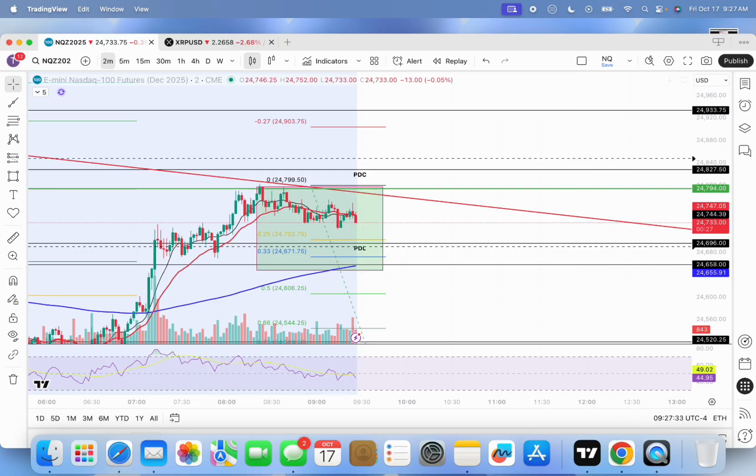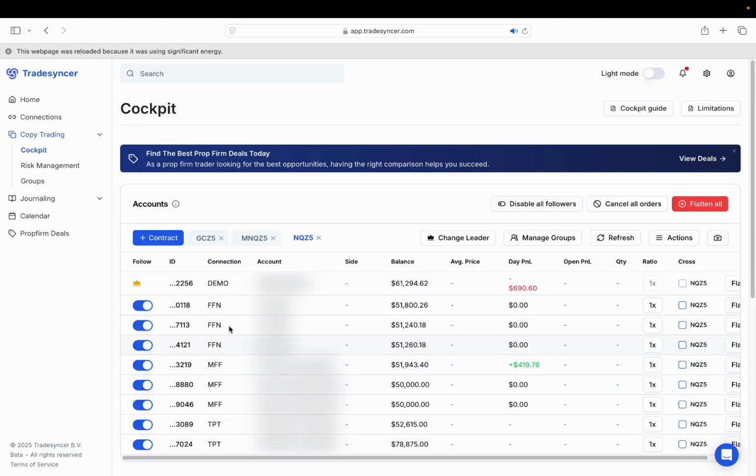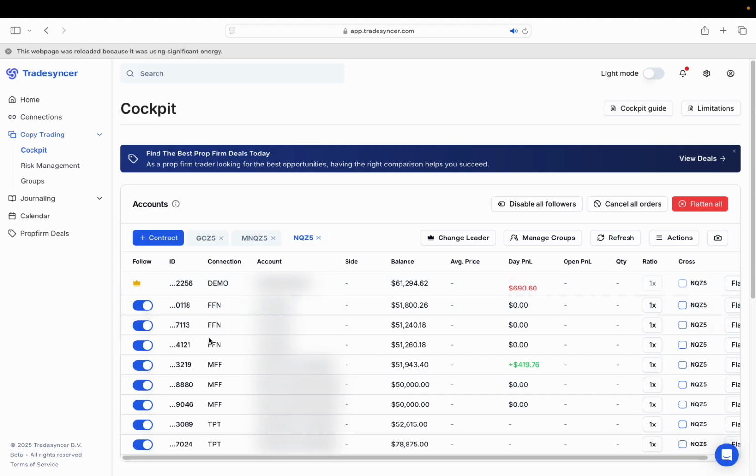I'm going to be trading my Trade Syncer accounts, copy trading all these accounts attached to this demo account here.